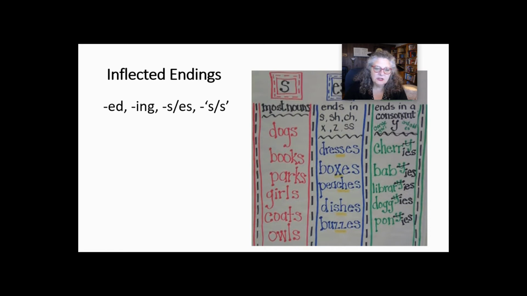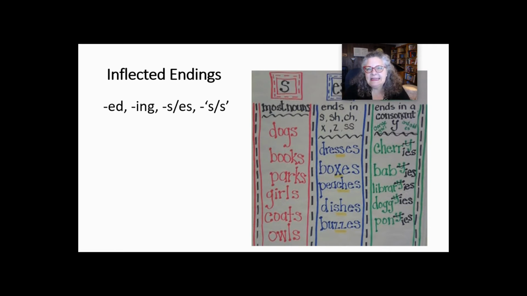And in syllable juncture, we're teaching kids what the rules are for adding these inflected endings. So for example, when you want to make something plural, most of the time you can just add s, except if that word ends with s, sh, ch, x, or z, like in the word dress, you can't just add another s because you can't hear the plural. So dress sounds the same as dresses if you only add s.